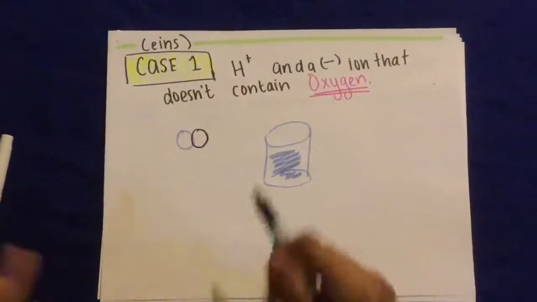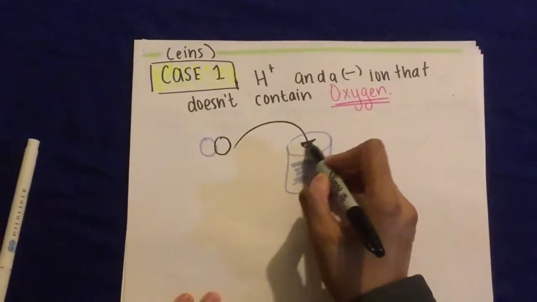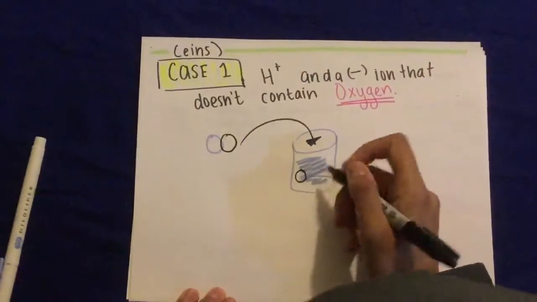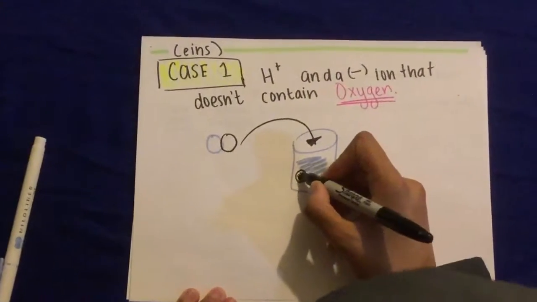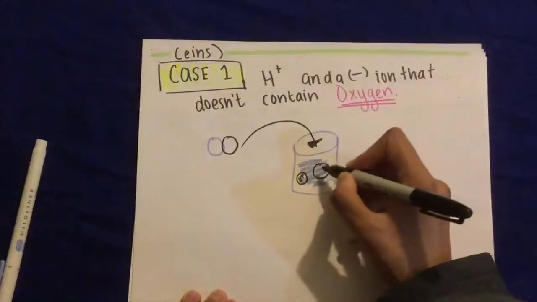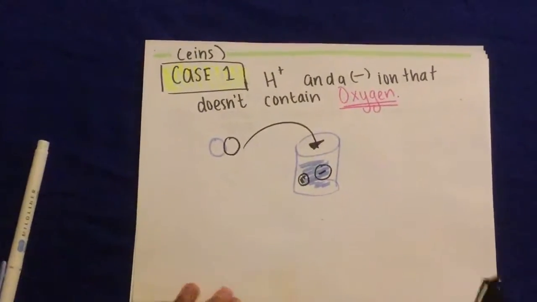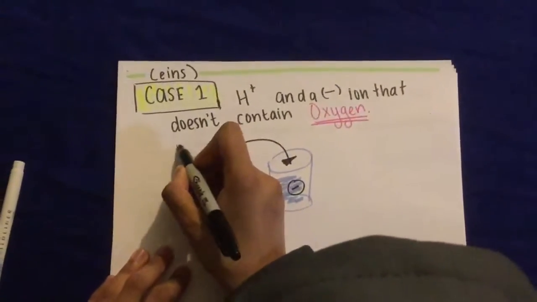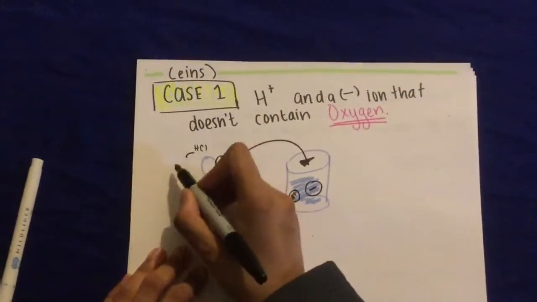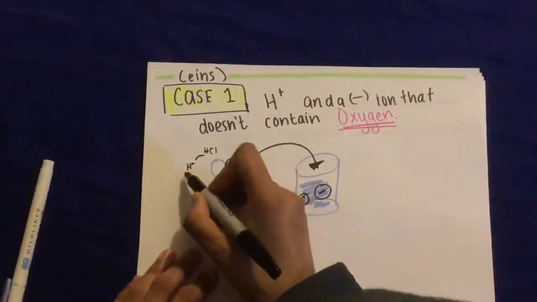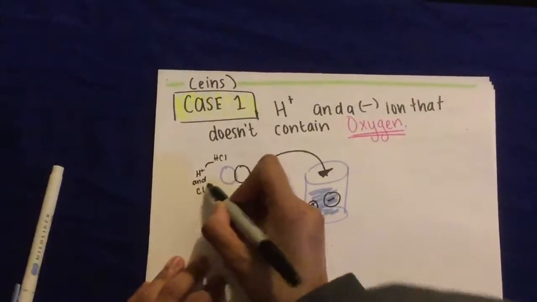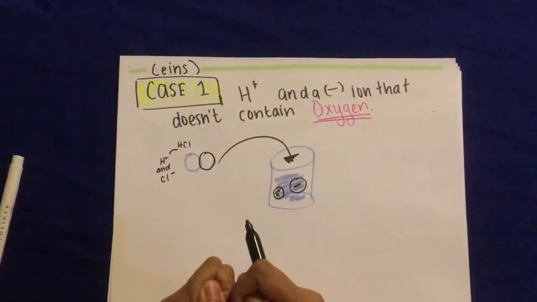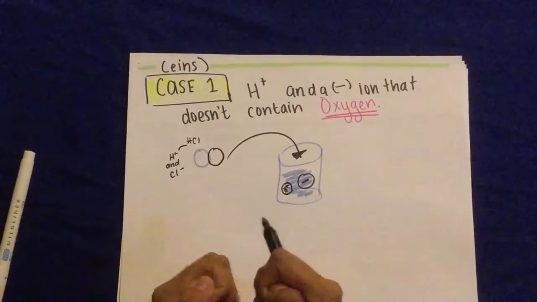once we dissolve our acid in water, it will release or break up into an H plus ion and some negative ion. So an example of this would be HCl, which is in fact an H plus ion and a Cl negative ion, just sticking together because they have opposite charges.